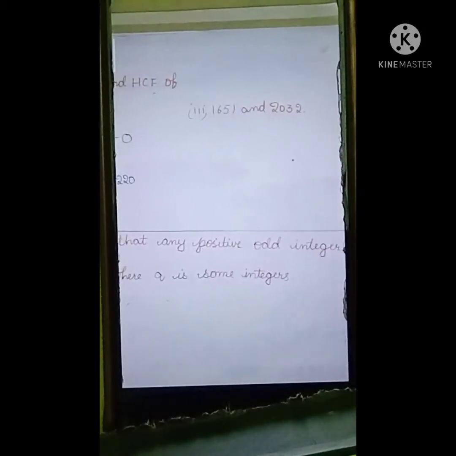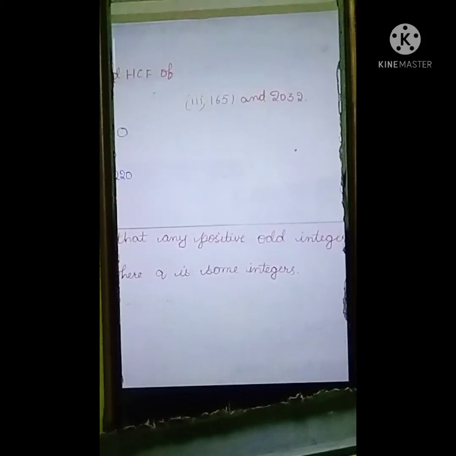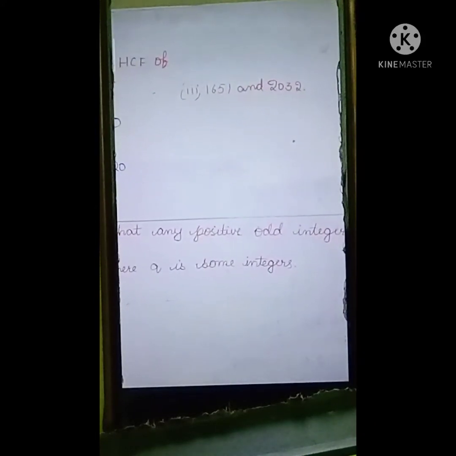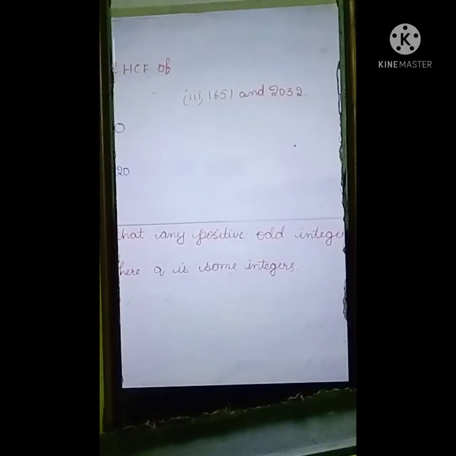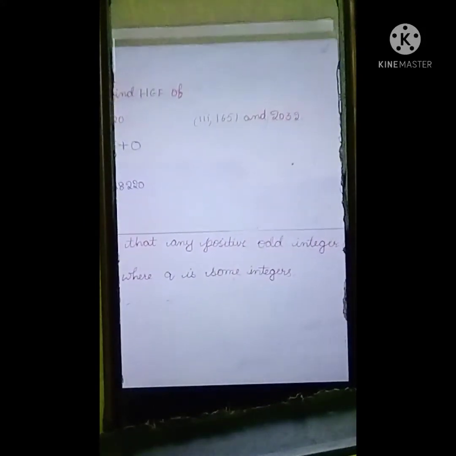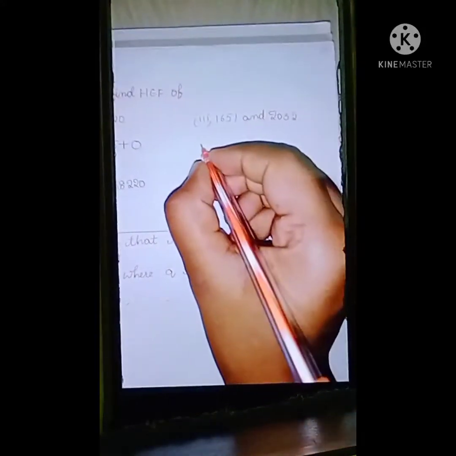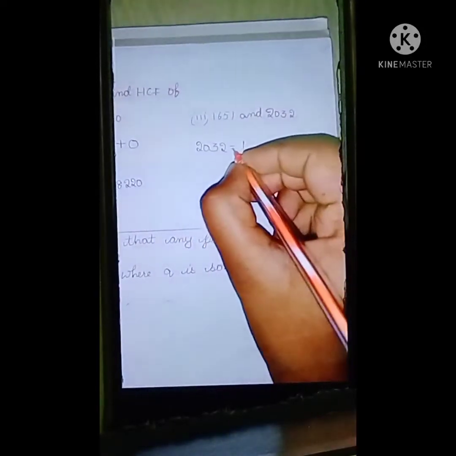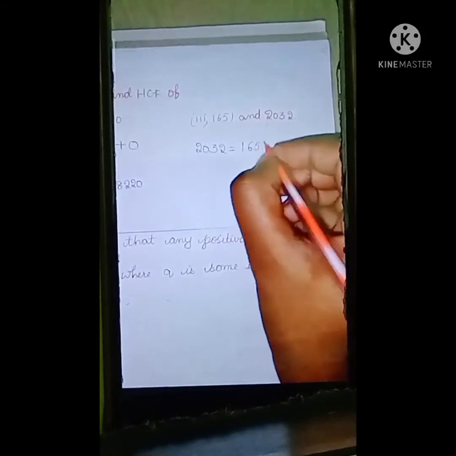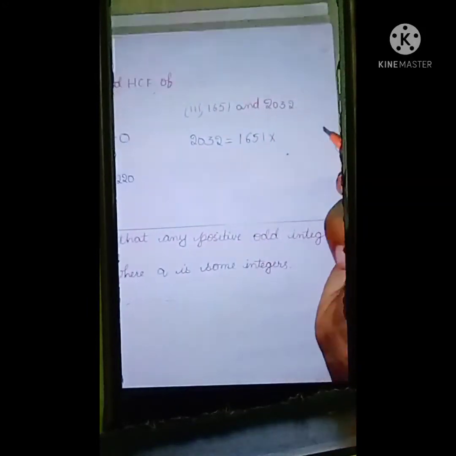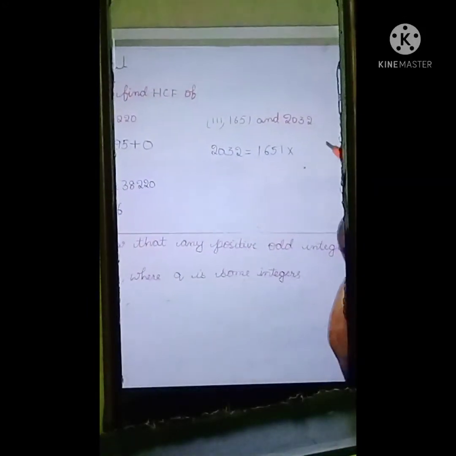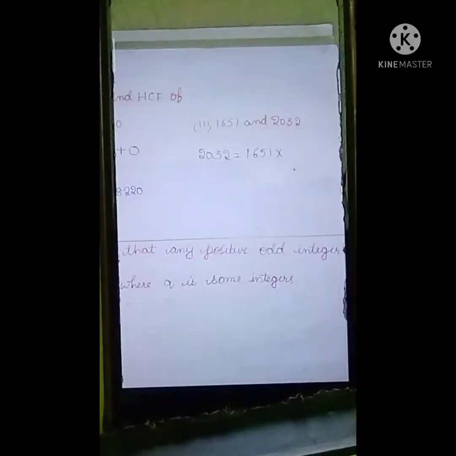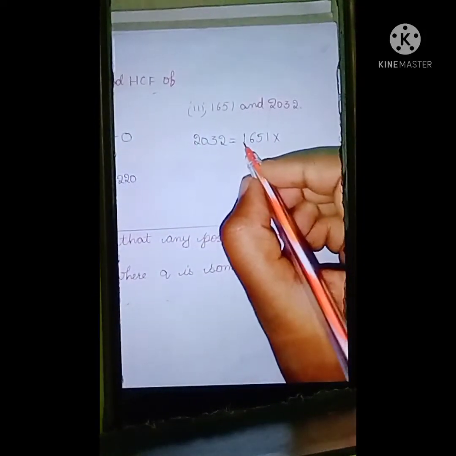Now let's go into the third problem, that is 1651 and 2032. Now this is the bigger value. So take A as 2032 and B as 1651. If we do division we can get it, or even without division we can get it very easily.